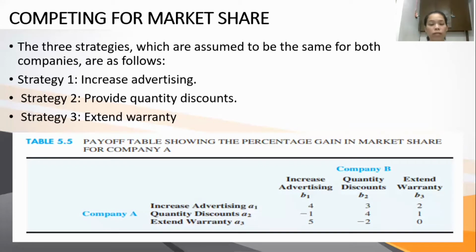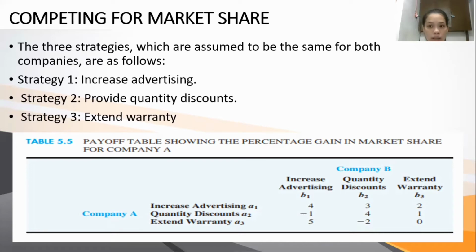In planning marketing strategy for 1 year, each company will have to select the best strategy out of these three strategies that are designed to take the market share. So the three strategies, which are assumed to be the same for both companies, are as follows.